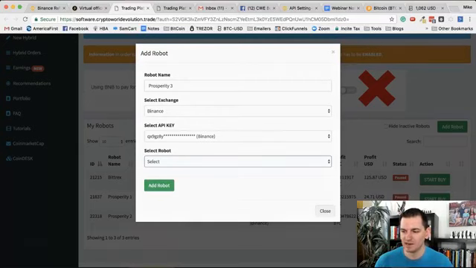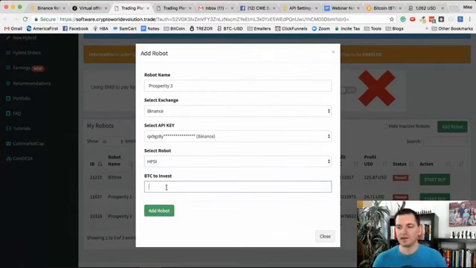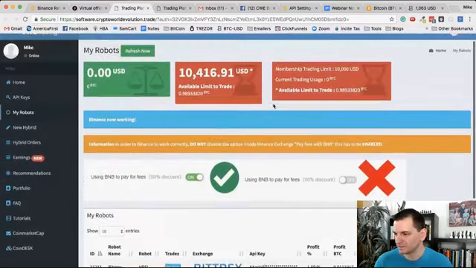So HPSI does multiple trades at once, and it allows you to set the amount to invest. But here's the thing. You want to grab the amount that you have in your Binance account and put that right here. Unless you're maxing out the bot, then here's what you do. You have to actually look and see what it says you have available.